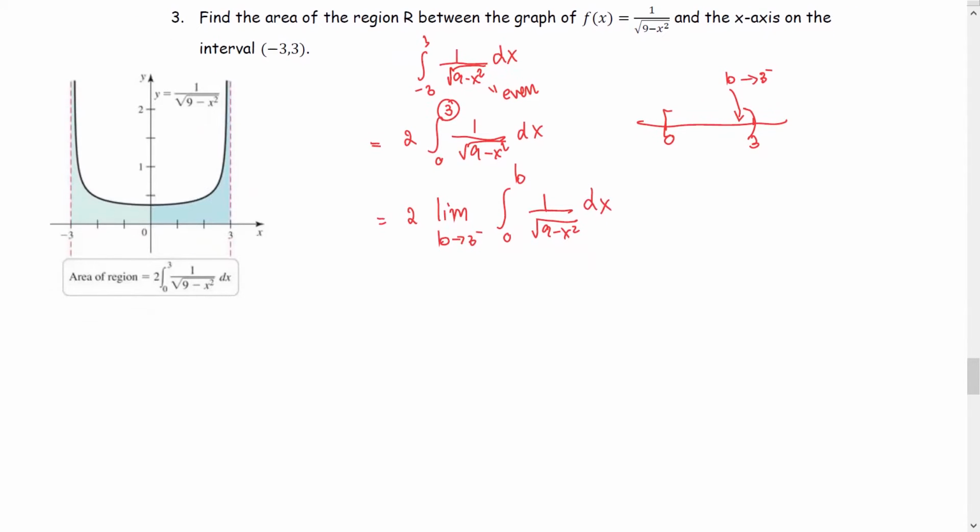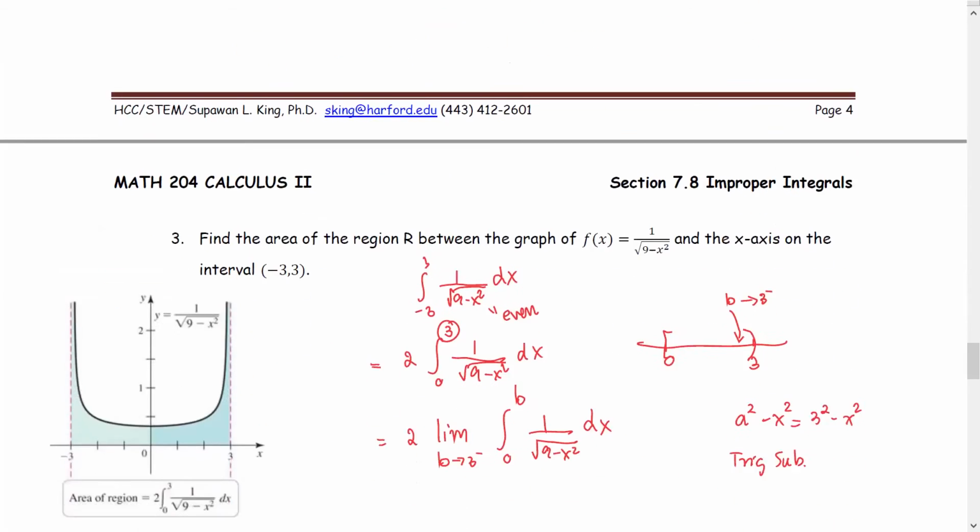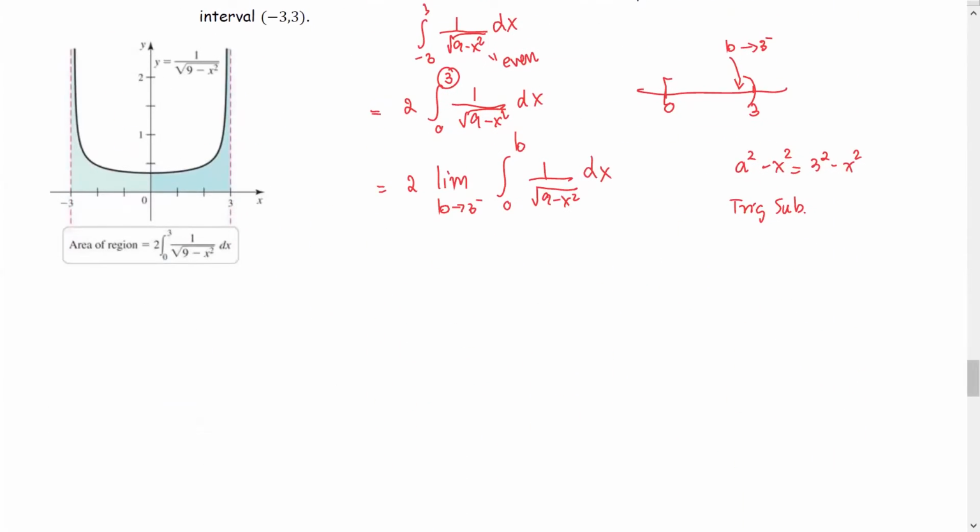In this integration, we see the pattern of the number squared minus the variable squared, which is 3 squared minus x squared in our case. We're going to use the trig sub technique, and then draw the right triangle diagram with angle theta.